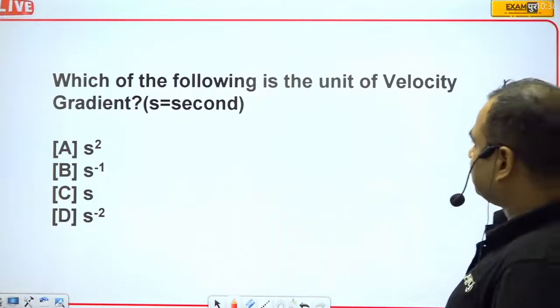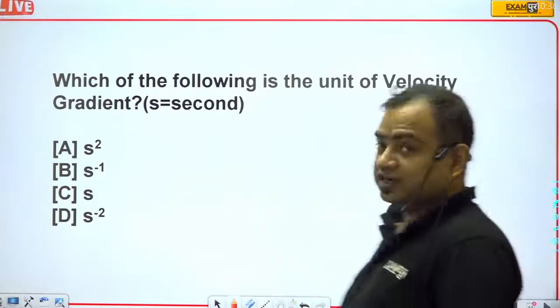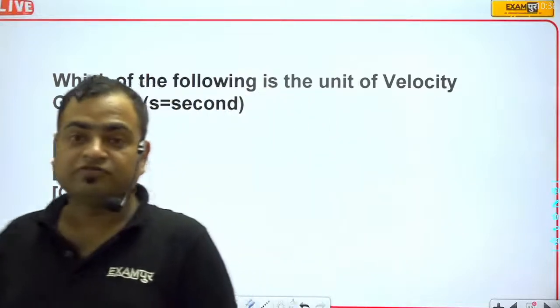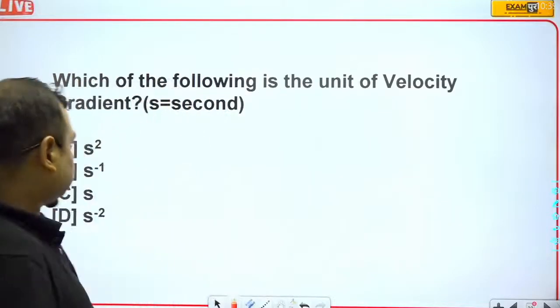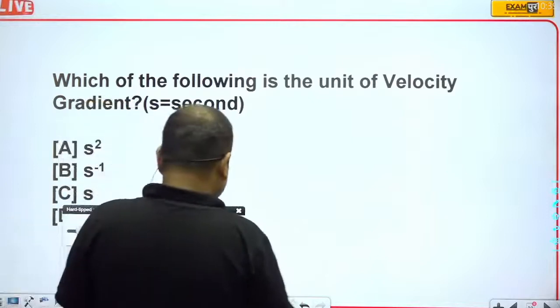Which of the following is the unit of velocity gradient? Guys, it is talking about the velocity gradient.